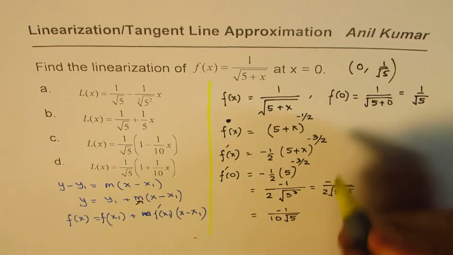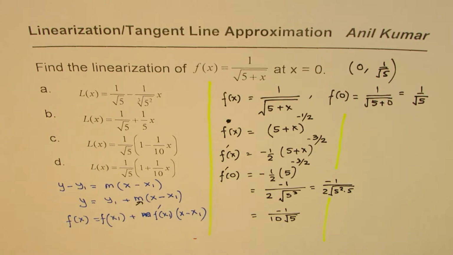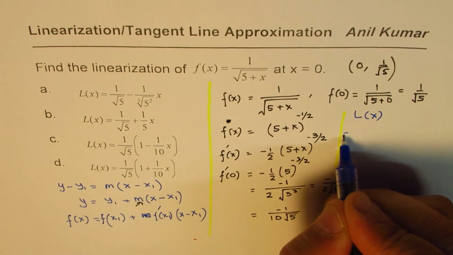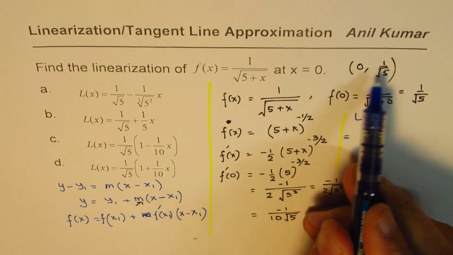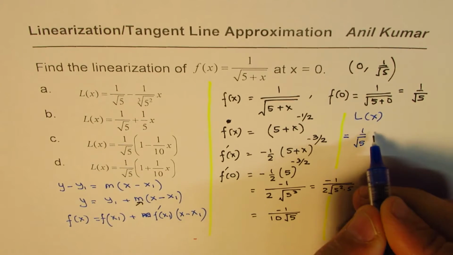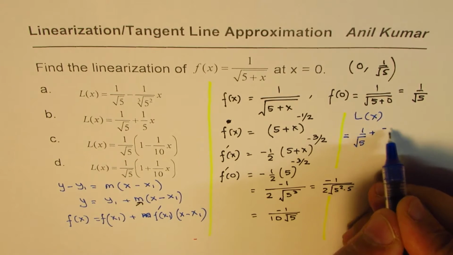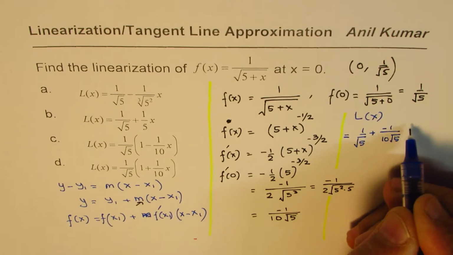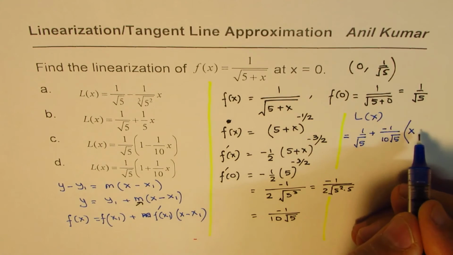Now we have all the ingredients to write down the final answer. The linear approximation L of x is equal to the value of the function at 0, which is 1 over square root of 5, plus the slope, which is this negative value, negative 1 over 10 square root of 5, times within brackets x minus x1, which is 0.